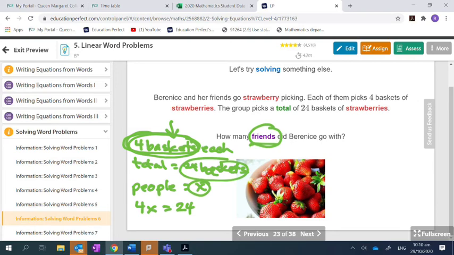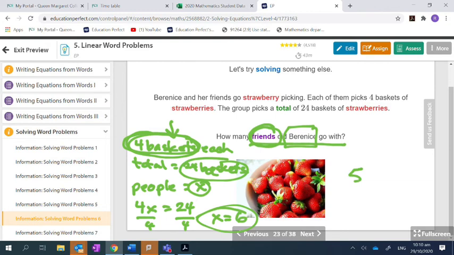And the opposite of multiply by 4 is divide by 4. Where? Which gives us X equals what? 6. So six people went, but we want to know how many friends did she go with? So one of these people is what? Berenice.